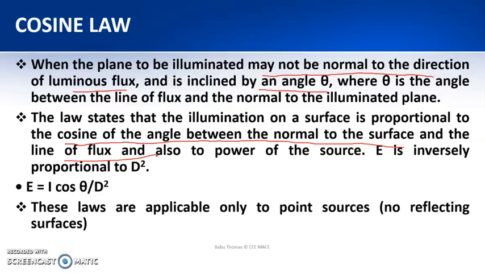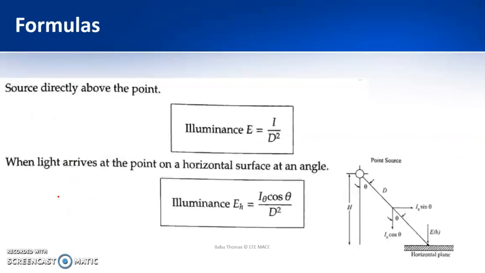How we will be getting this cos theta we will be discussing in the next slide. So for our two laws, when the source is directly above the point, its illuminance E is nothing but I by d square. In that case, you have your point source, you have your work plane, and this you are measuring as d.